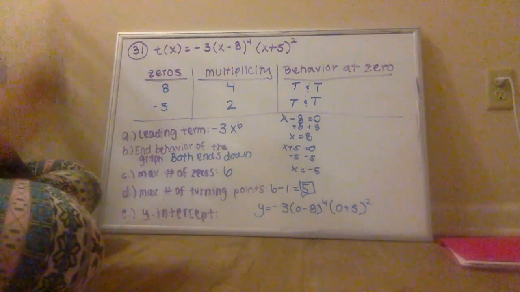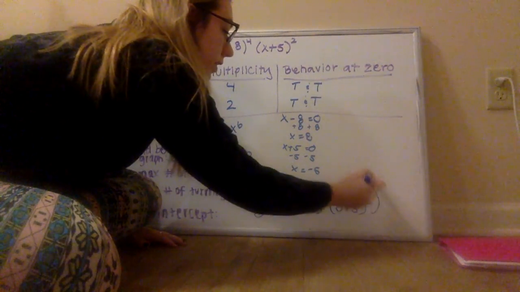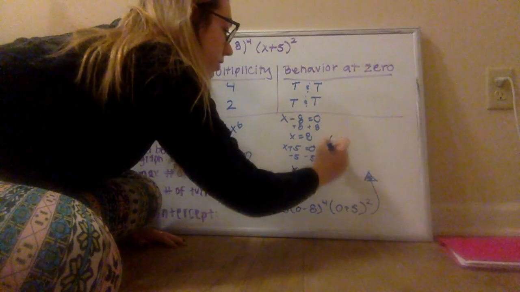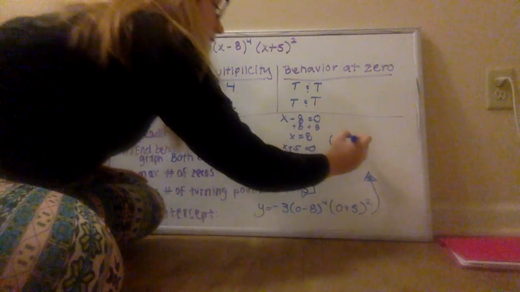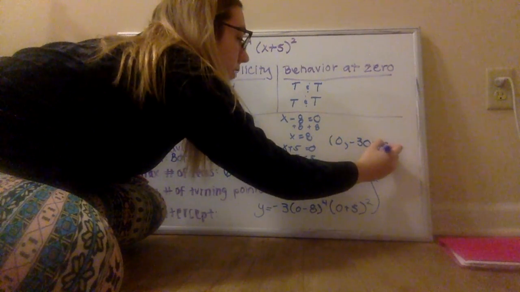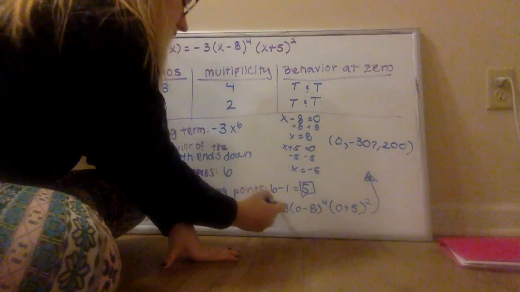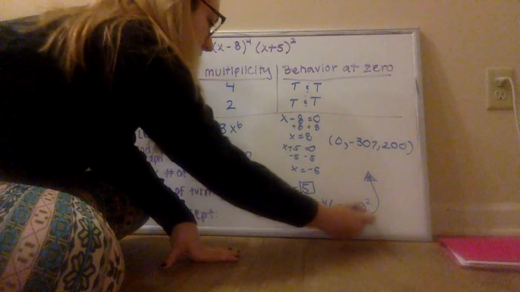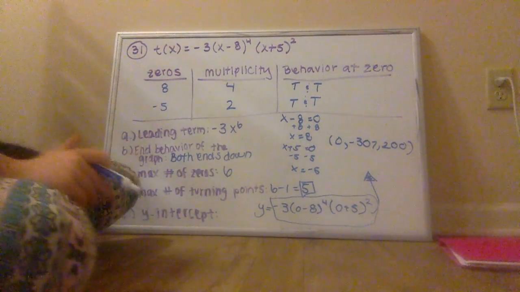When you plug this into your calculator, I like to write it as a coordinate, so 0, comma, and you're going to get negative 307,200. I just got that from plugging this into my calculator, and that gives you your y value, which is your y-intercept.